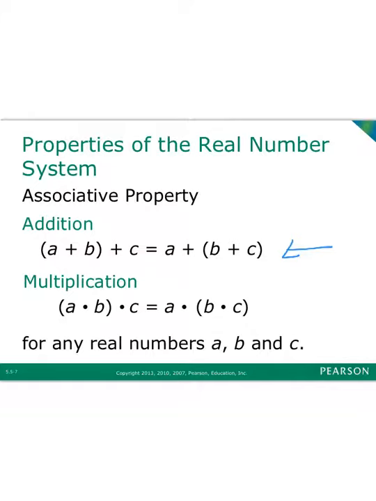For multiplication, if we multiply a times b first in parentheses and then multiply it by c, it's the same number as when we have a times the grouping of b times c. This is called the associative property, and this is true, there's closure, for any real numbers a, b, and c.